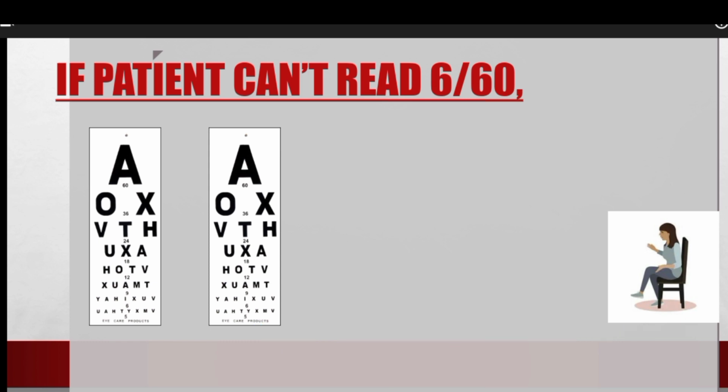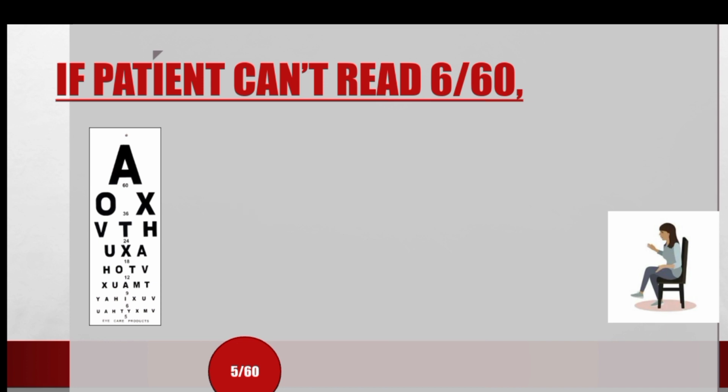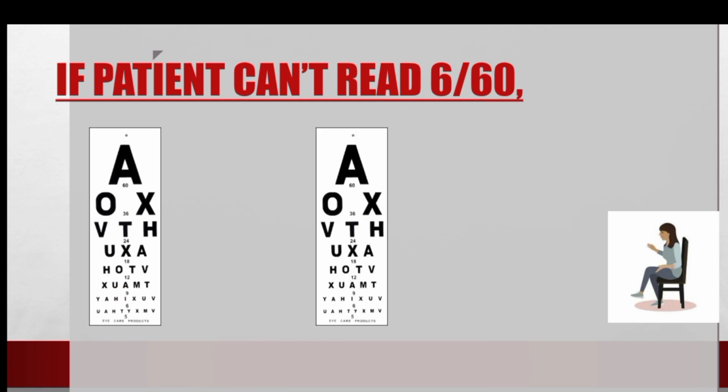Record the visual acuity as 5/60 if the patient can read the topmost letter at 5 meters. If the patient cannot read this topmost letter, then we again decrease the distance to 4 meters and record the visual acuity as 4/60 if the patient can read the topmost letter.